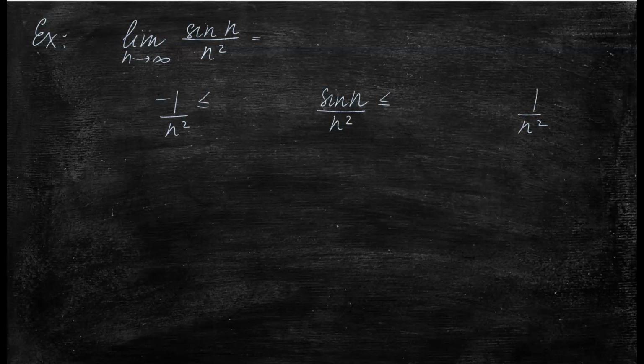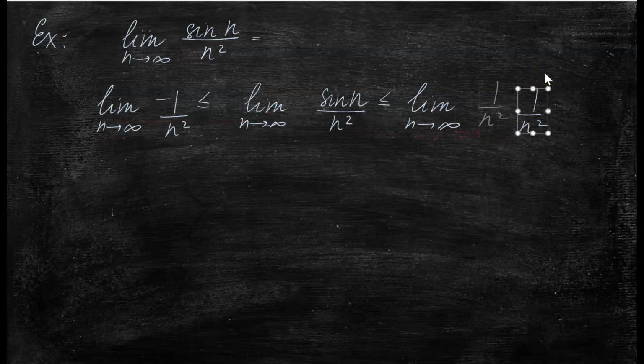is a positive number. And if we apply the limit to all three sides of this inequality, it will still hold, because the limit of a smaller function or sequence must be smaller than the limit of a larger sequence or function if both limits do exist.